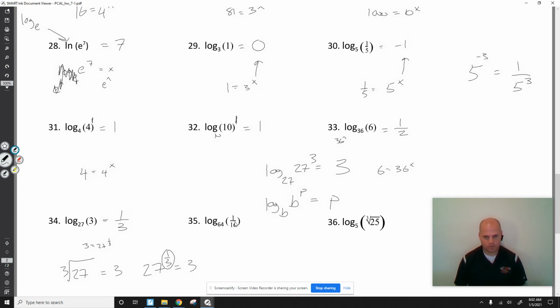You could try to rewrite this, and this is what most people do, to be a version of 64. Instead of 1/16, I could write this as 16 to the negative first. But then how can I rewrite that to make it into 64? Gosh, I'm not even good at this. This ends up being negative 2/3.